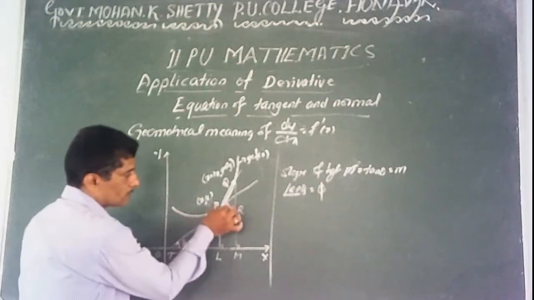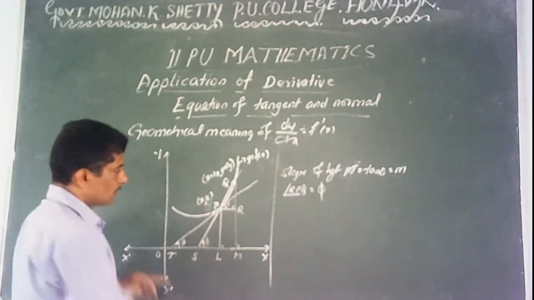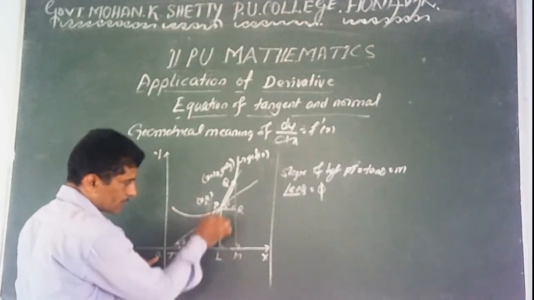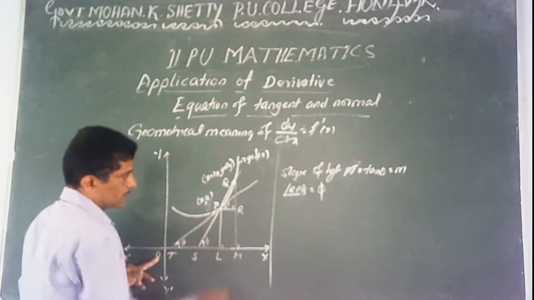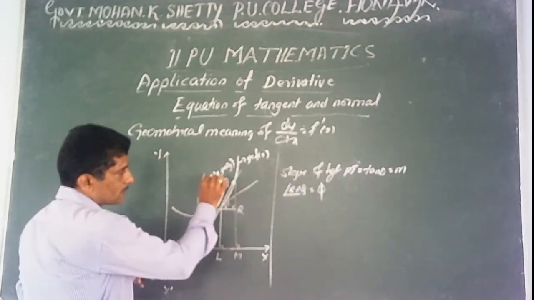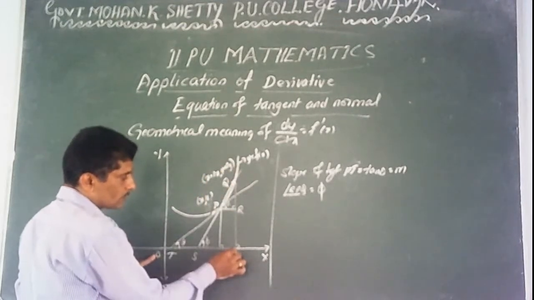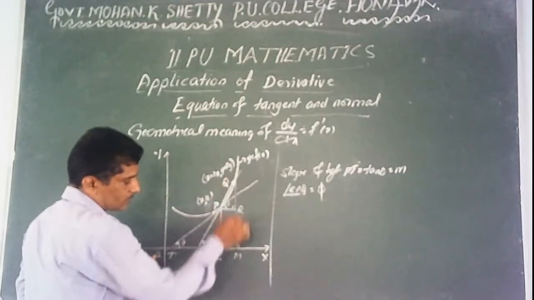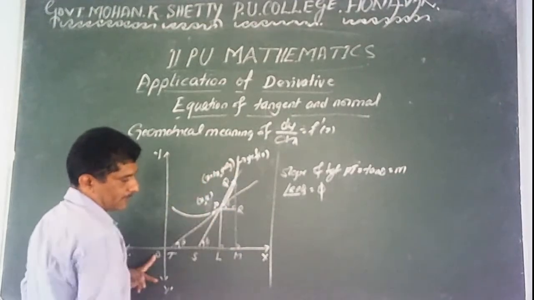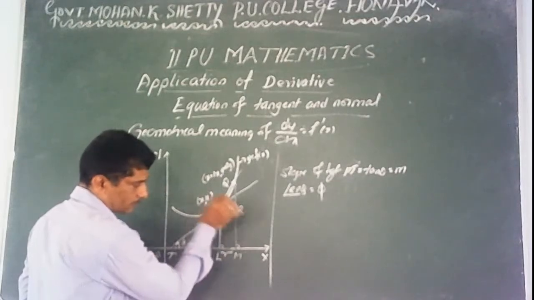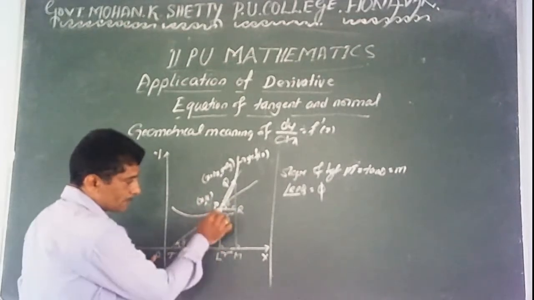This angle is also psi. Here coordinate of P is x comma y. Distance OL is equal to x, distance PL is equal to y. Coordinate of Q is x plus delta x comma y plus delta y. This distance OM is equal to x plus delta x. The distance QM is equal to y plus delta y. Then the distance LM is equal to PR. What is PR?